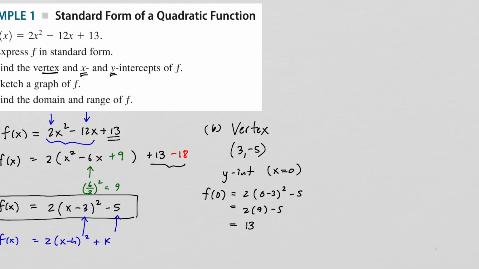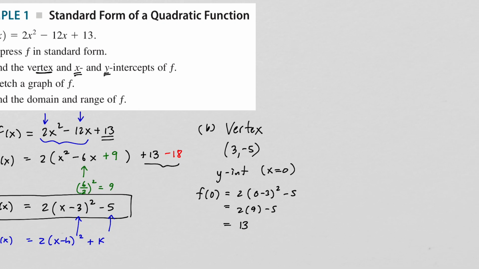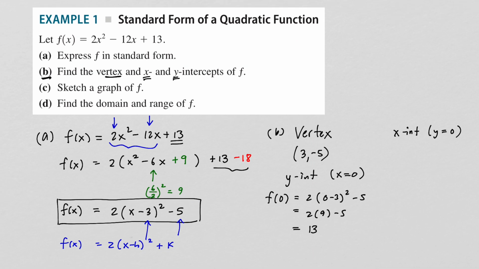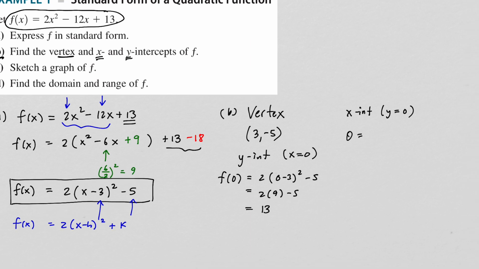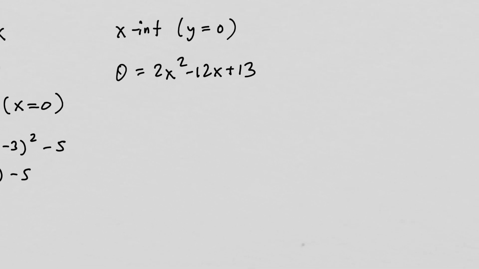Now, to get the x-intercepts, we need to remember that to get the x-intercepts, we let y equal 0. Now, again, I think I'm going to go back to the original equation here. If I let y equal 0, we're going to have 0 equals 2x squared minus 12x plus 13. Now, you can solve this equation however you like.